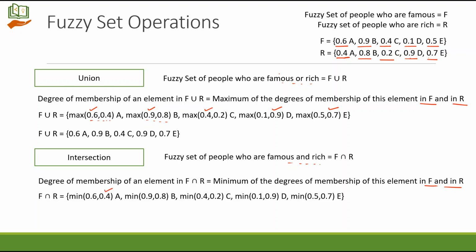It is 0.4 for A. The minimum of 0.9, 0.8 will be 0.8 for B. The minimum of 0.4, 0.2 will be 0.2 for C. The minimum of 0.1, 0.9 will be 0.1 for D. The minimum of 0.5, 0.7 will be 0.5 for E. So we have 0.4 A, 0.8 B, 0.2 C, 0.1 D, 0.5 E. This will be the intersection result.